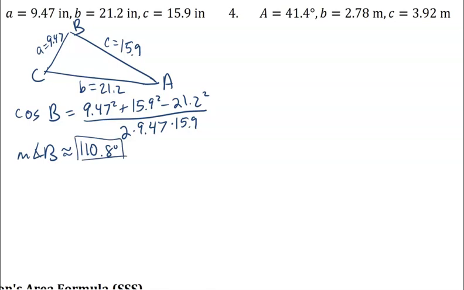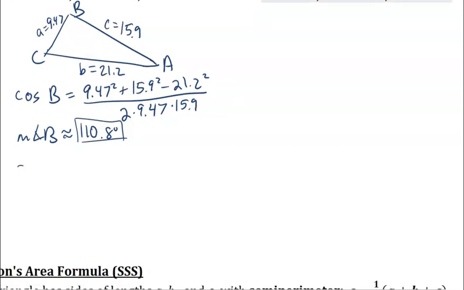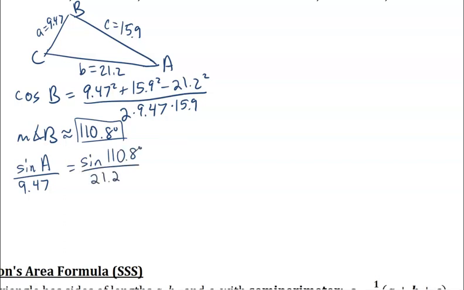Okay, so there's one angle. And then again, you can use law of sines or cosines to find the smallest angle. I'm going to use law of sines because we've done quite a bit of practice with that. So we're looking for angle A since it's across from the smallest side. So sine of angle A over 9.47 is equal to sine of angle B that we just found over side B, which is 21.2. Okay, solve this and we get sine A is equal to about 0.417.